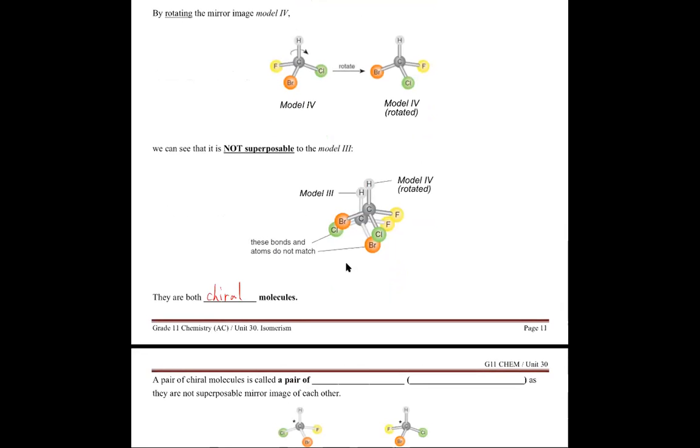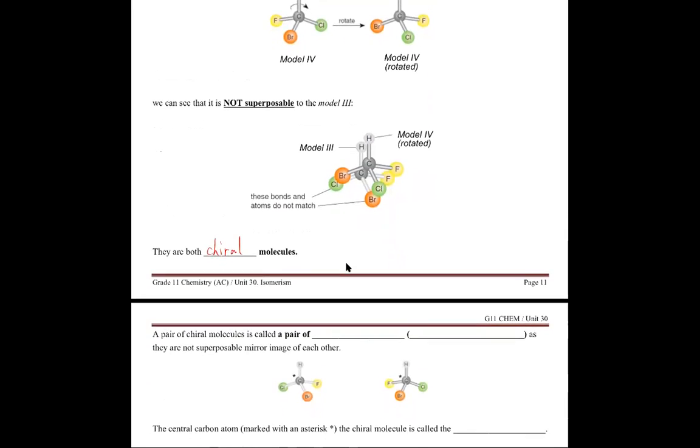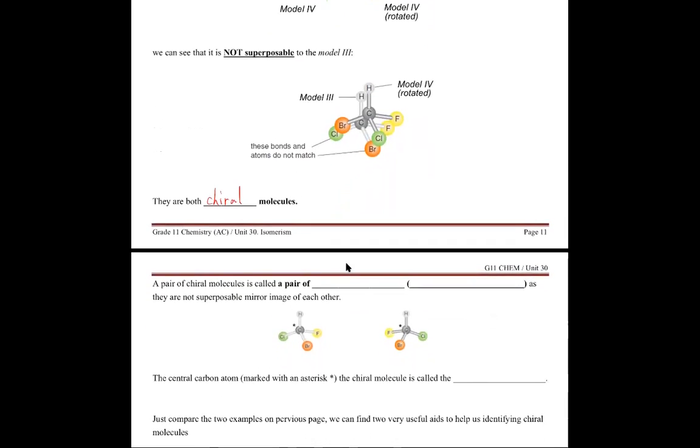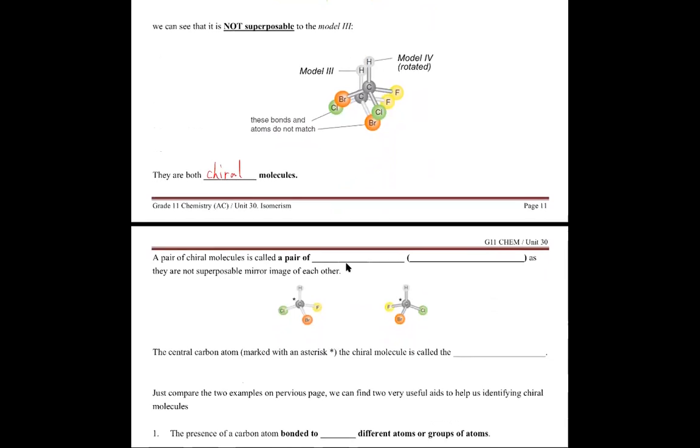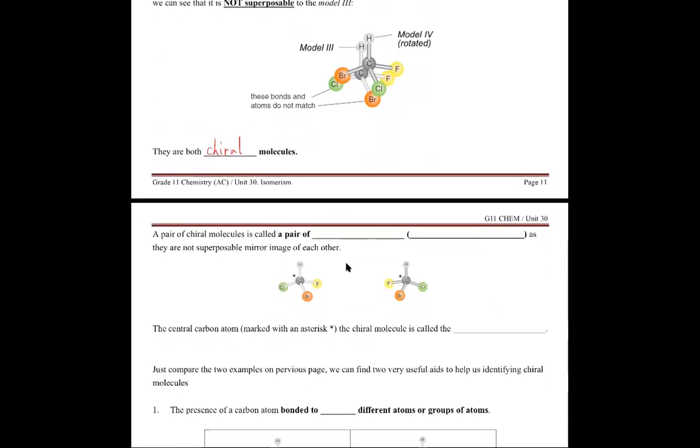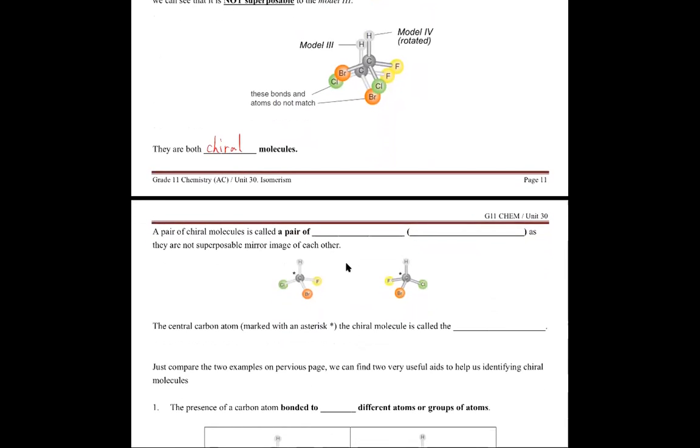Okay. So if we get chiral molecules, when we have a pair of those chiral molecules, we call it a pair of enantiomers.